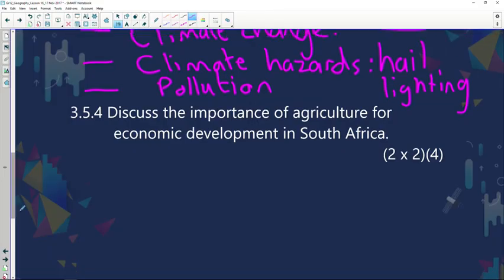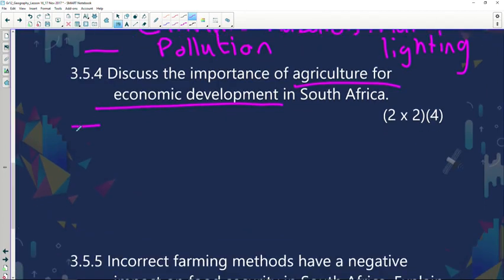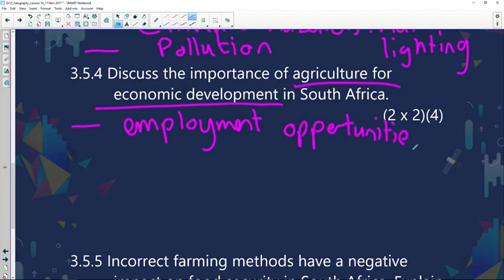Now, discuss the importance of agriculture for economic development. Now, first and foremost, it provides employment opportunities. And providing employment opportunities, it means we improve the standard of living of other people.